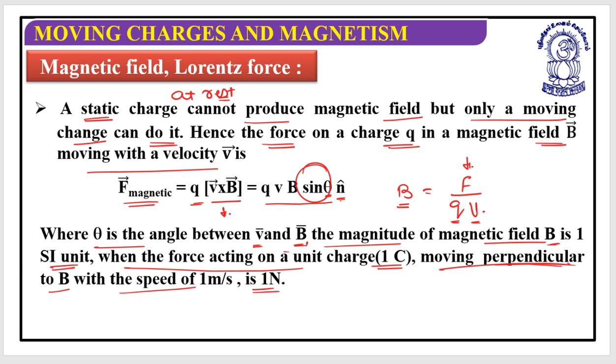That's why sin theta, which is sin 90, is 1. I hope these things are clear. Now this is the master formula: the magnetic force acting on the system is F magnetic equals QVB sin theta.